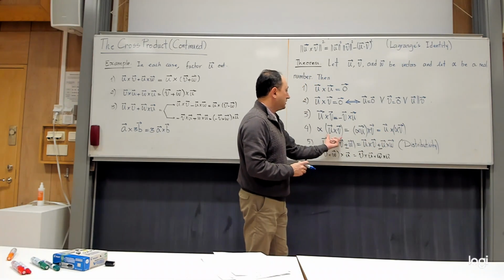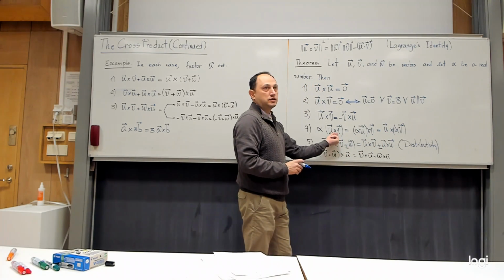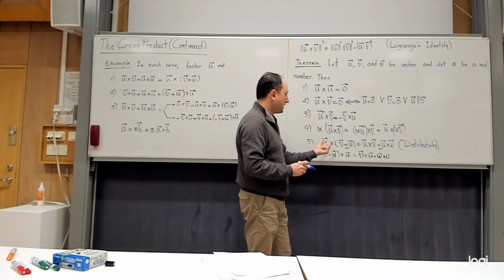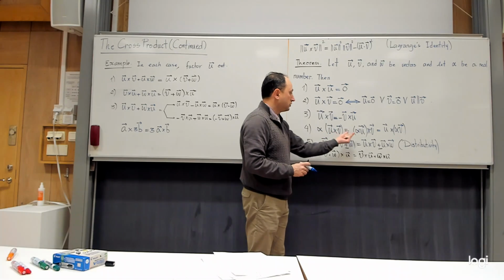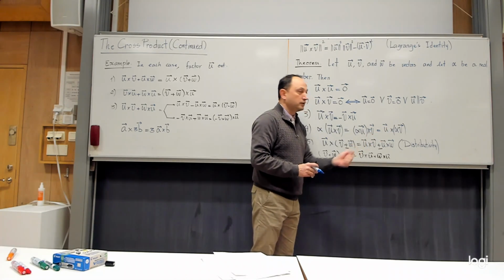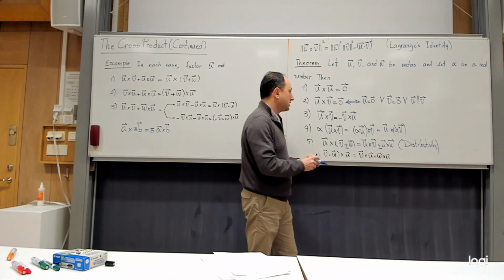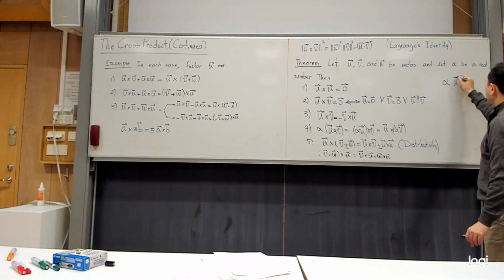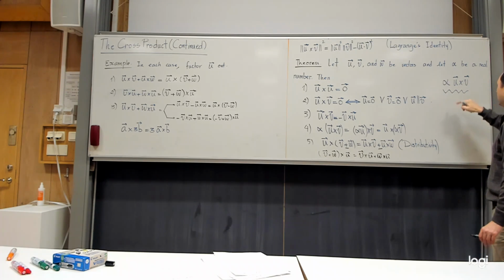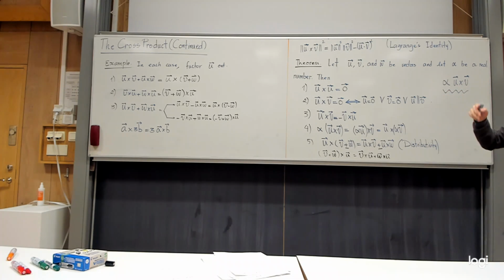I really don't need to be careful to prioritize this, because it doesn't matter if you do this one first and then multiply by it, or you do that one first. So this is not ambiguous at all. Alpha, u cross v, usually you see it in this form in the books, without putting pair of brackets, because it is irrelevant. Whatever you interpret, the answer would be the same.